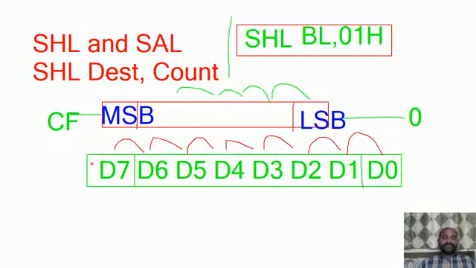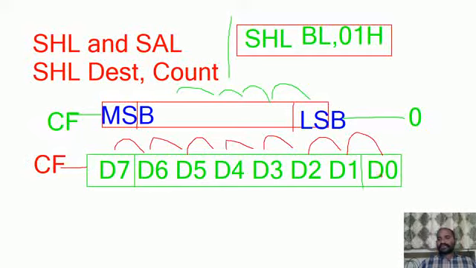Now D7 is the MSB. This MSB is going to be copied into one flag bit called the carry flag. So the MSB of this particular number is going to be copied into the CF.